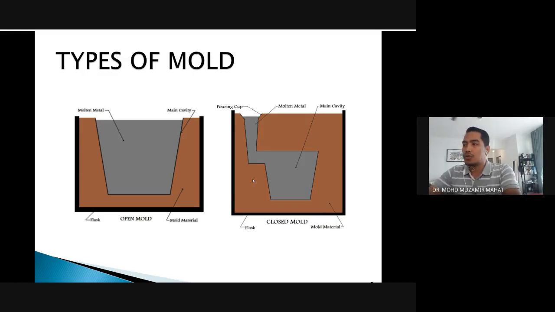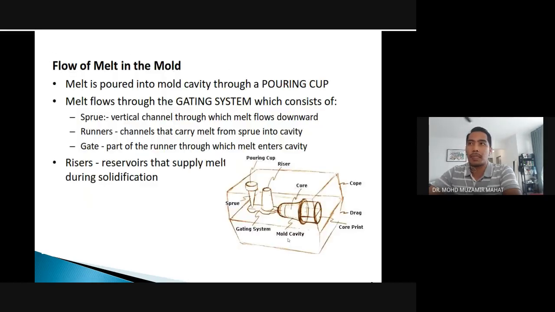But a closed mold works the other way around: we have the pouring cup here, and the molten metal is poured through this channel, and then this is the main cavity. The mold material surrounds the main cavity, and we also have flasks.